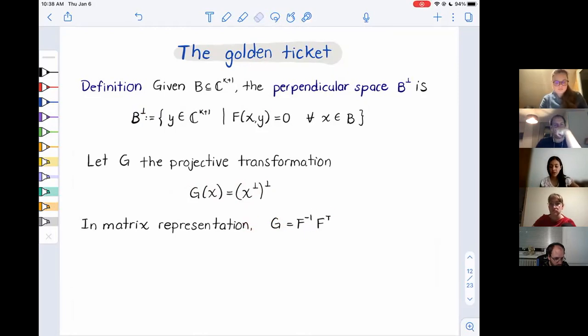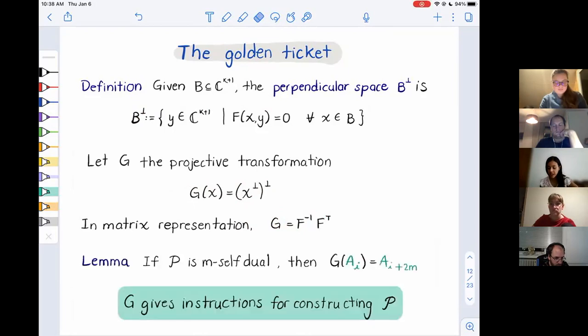And one can show that this projective transformation actually acts as a cyclic permutation on the vertices, which means that I can completely determine what kind of matrix representation I have here, such that G to the R, where R is equal to N over the greatest common factor between M and N, is the identity. Then I can give a construction of the polygon P.